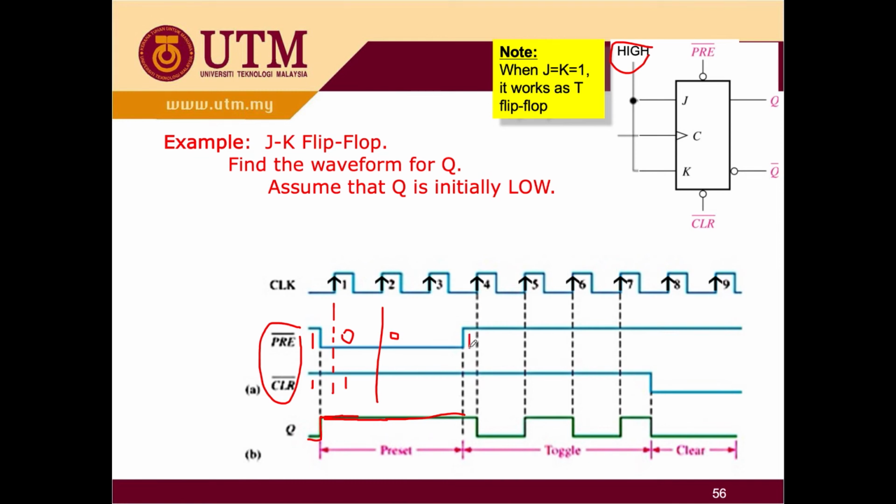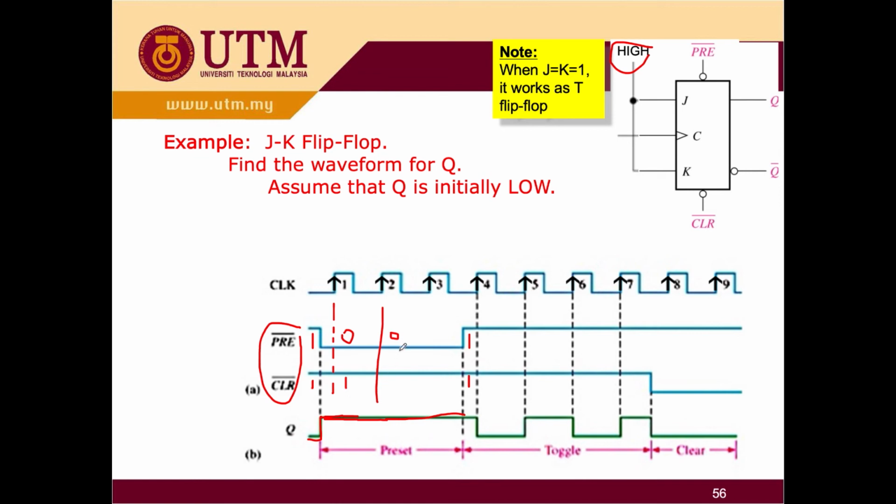Over here you have 1 1 1 1. You're going to depend on your JK flip-flop. This is the part: whenever you have 1 1 for your preset and clear, you're going to look into your clock.